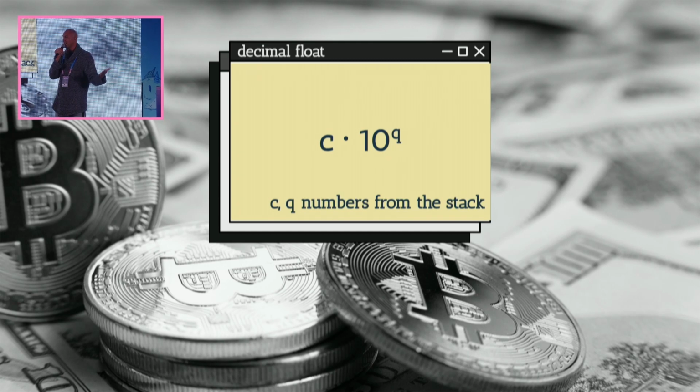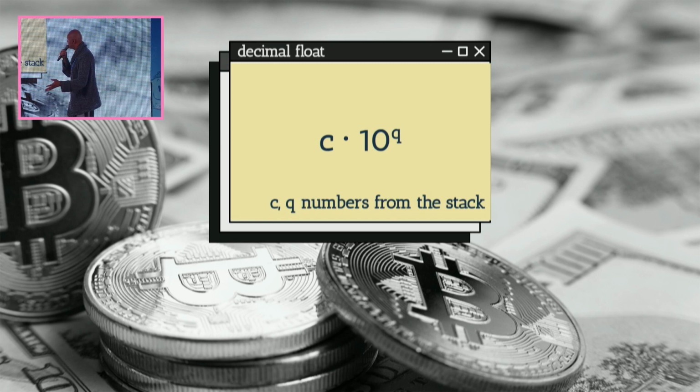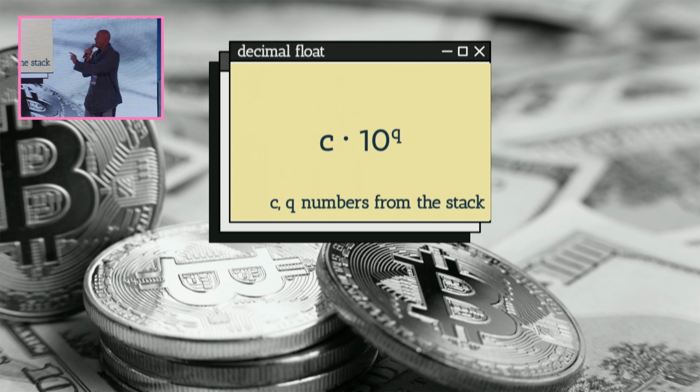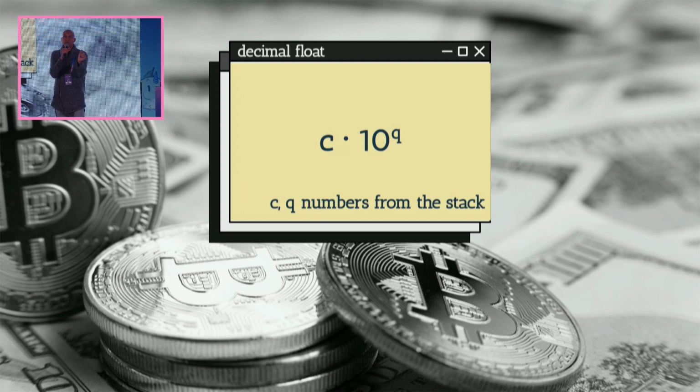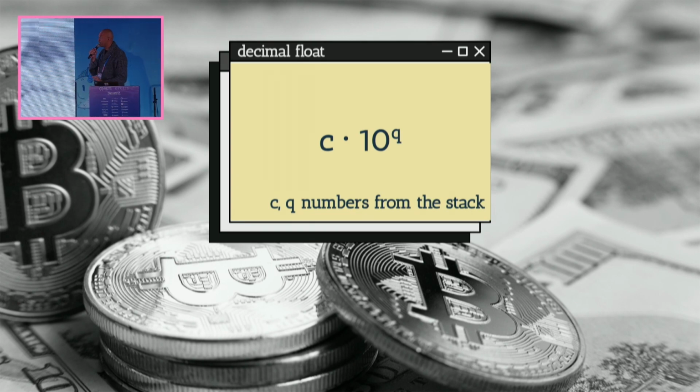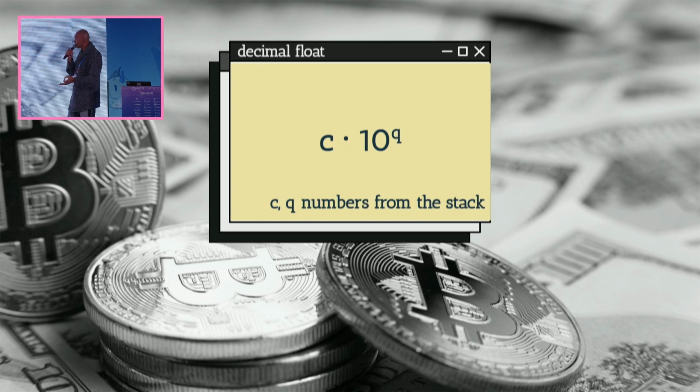Any value that you can imagine, 2.456. You can first forget the decimal point. 2.456 can be C, your coefficient, and then Q is a value to shift the decimal left or right to represent any decimal value exactly.